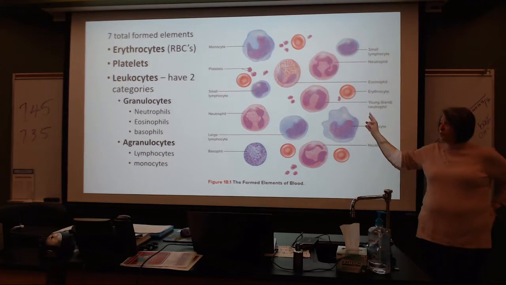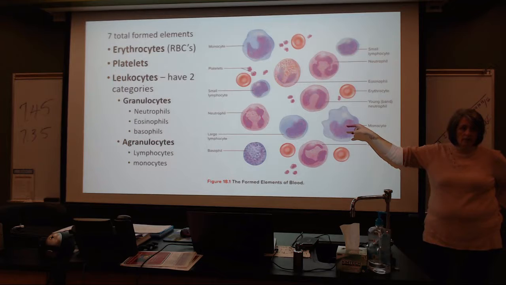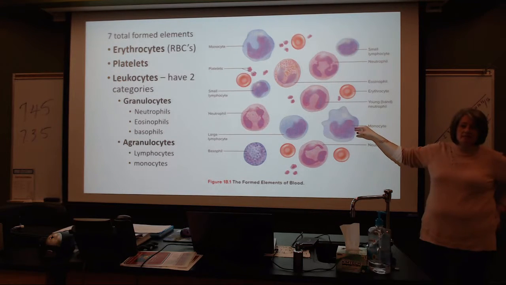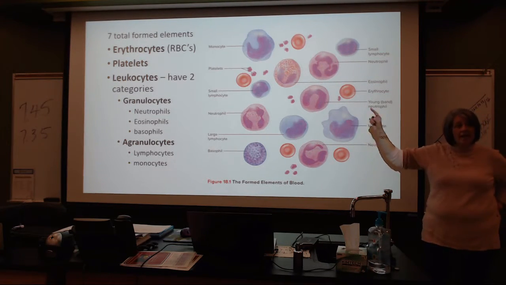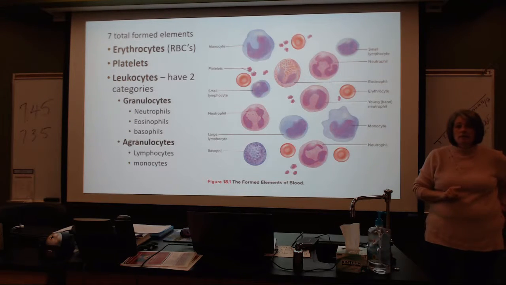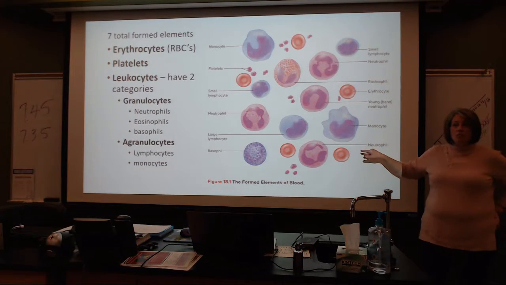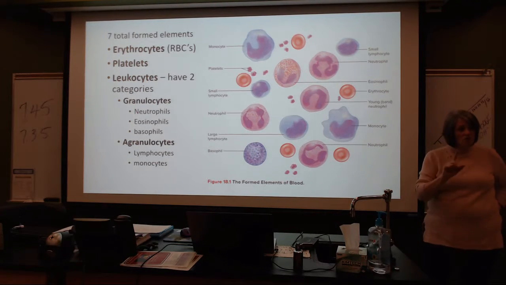And for each one, the nucleus structure is different. It's one of the ways that they can identify the white blood cell in a blood smear. Red blood cells do not keep their nucleus.